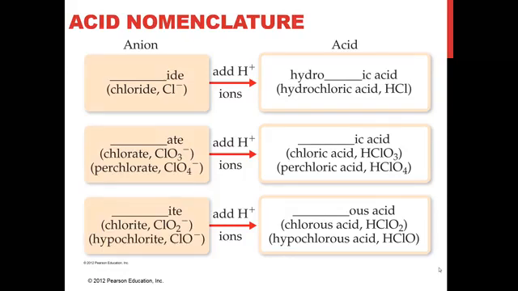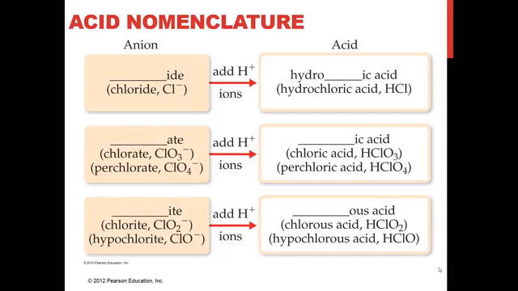The name of our acid is formed by dropping the ATE from the anion name and changing it to IC, and then adding the word acid. So HClO3 is chloric acid. Chloric acid.